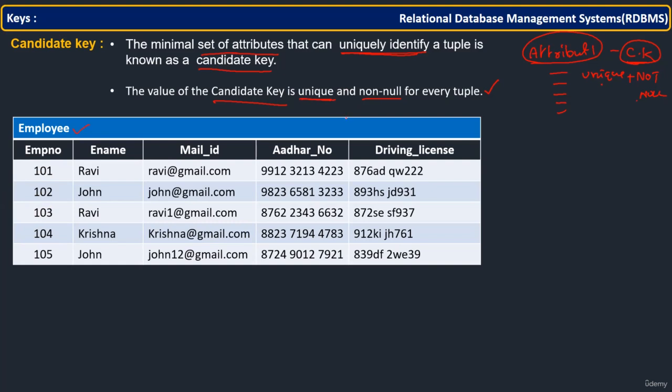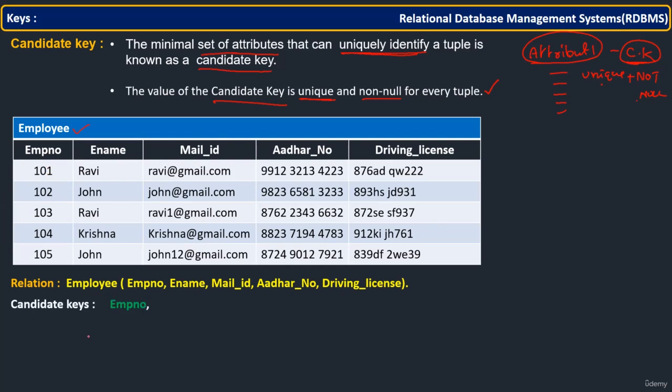So null is not going to be in this field. That is why this is one possible candidate key. If you take in a relation EMP number, e-name, mail ID, Aadhaar number, driving license, this part we took here as a relation. Now EMP number is one possible candidate key.